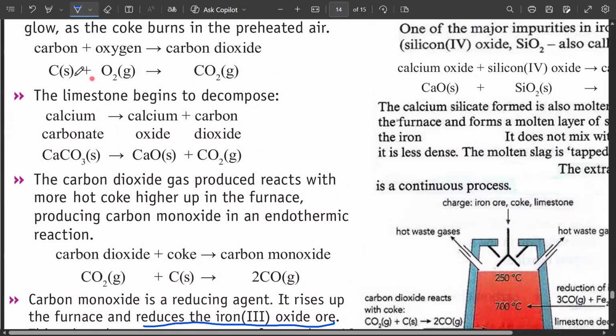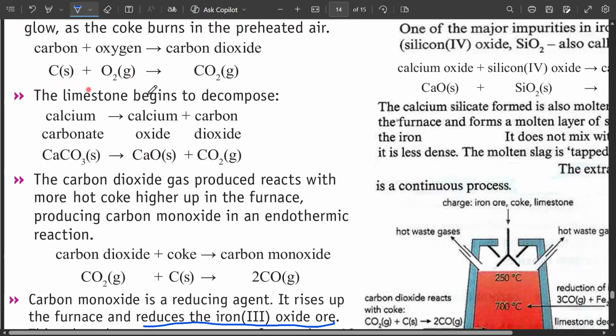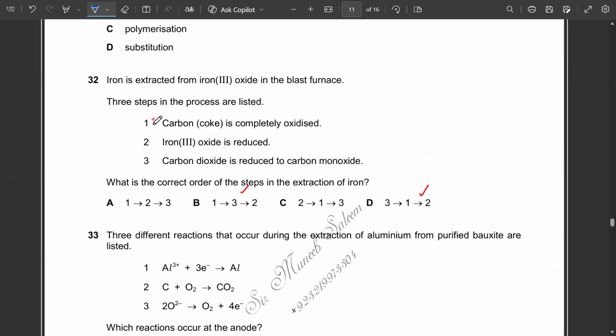And this is another step mentioned here. Carbon is completely oxidized, which is this one. This is the first step. So we say this is the first step, this is the third step, and this will be the second step.